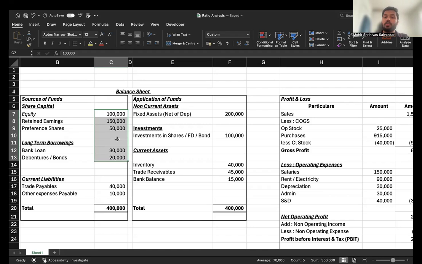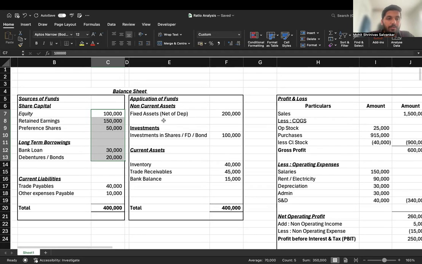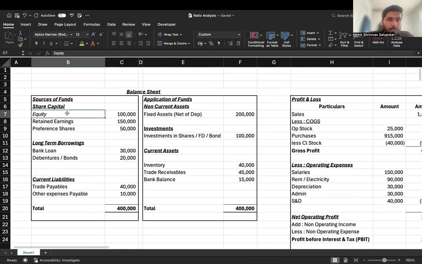Next comes return on ordinary shareholders' fund. Okay, going back to the Excel. When we say ordinary shareholders, this belongs to the equity shares and their retained earnings. These two are for the ordinary shareholders. This is for preference shares. These are the external borrowers. Now the question here is, what is the return on ordinary shareholders' fund?